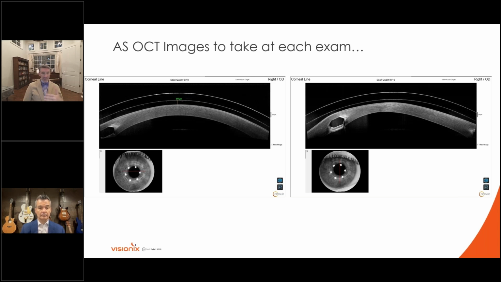Number one, what's the central vault? But number two, is that lens centered or tilting on the eye, or is it decentered nasally or temporally? And then to the right of the screen, you'll see we also take a vertical line scan to see if it's vertically decentered.